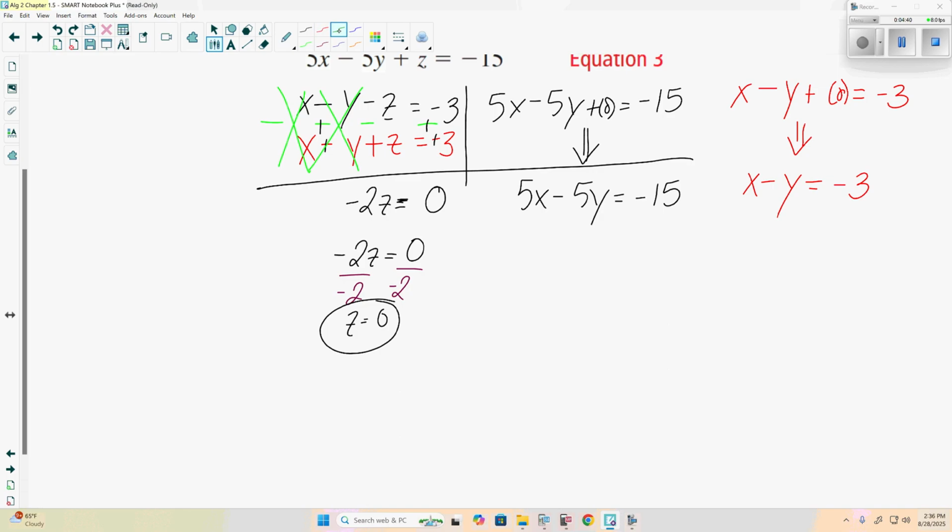But what do we need to multiply this equation by to get the x's to be the same? 5. 5 times x is 5x. 5 times negative y is negative 5y. And negative 3 times 5 is negative 15.